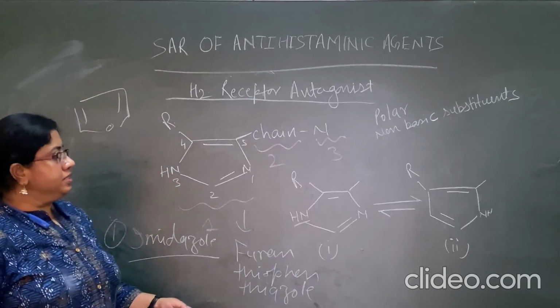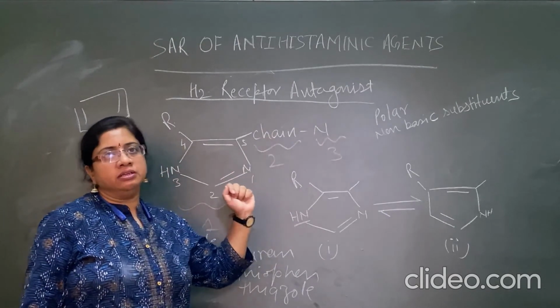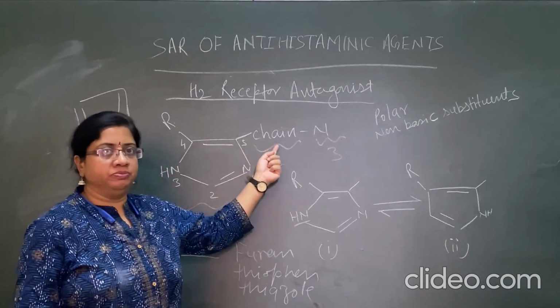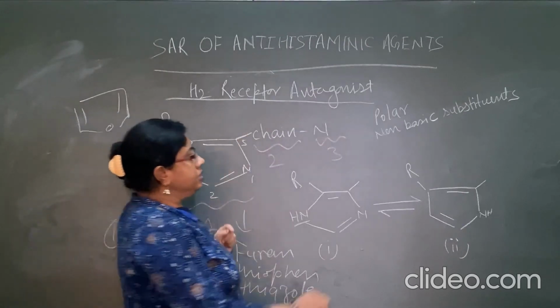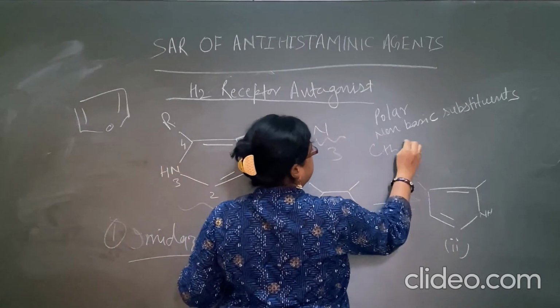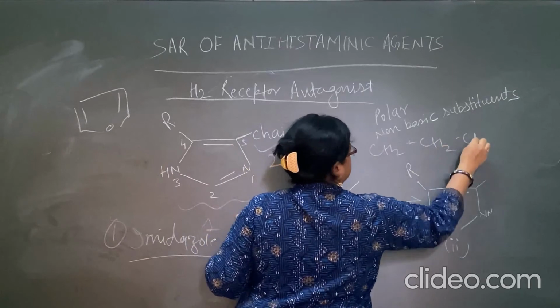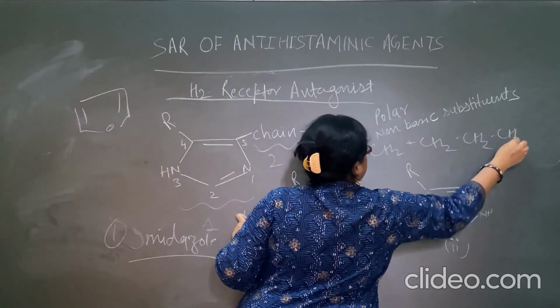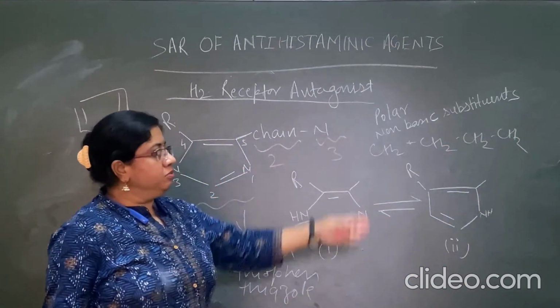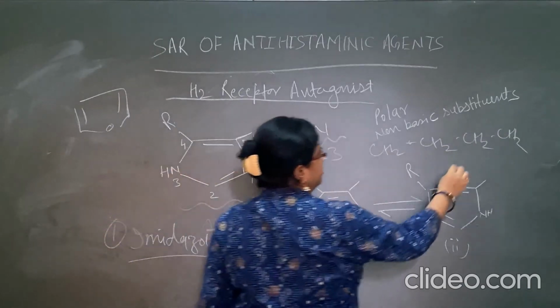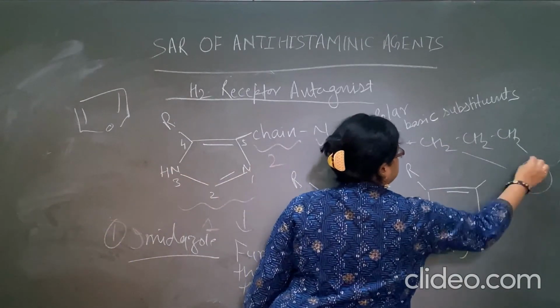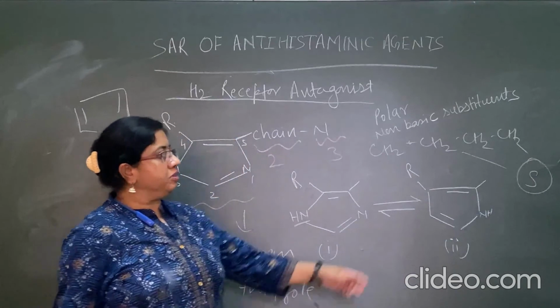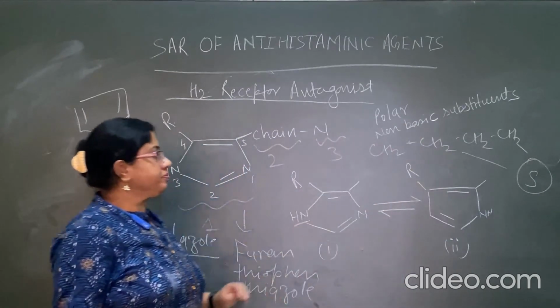One point you have to consider: the chain must contain one electron-withdrawing group, along with the 4-carbon chain. One methylene group can be isosterically replaced by a sulfur ether. We have seen this in the structure of ranitidine.